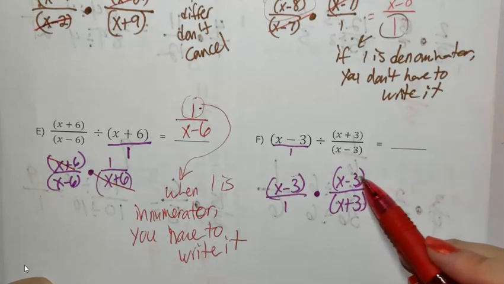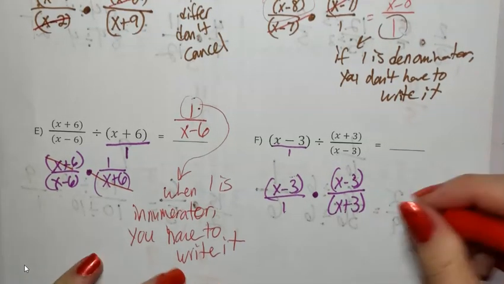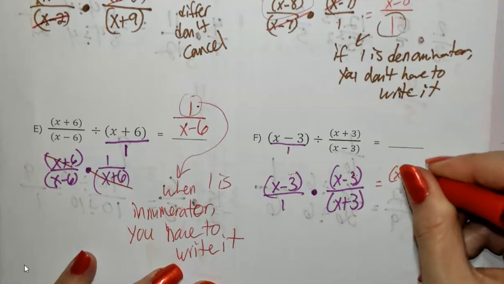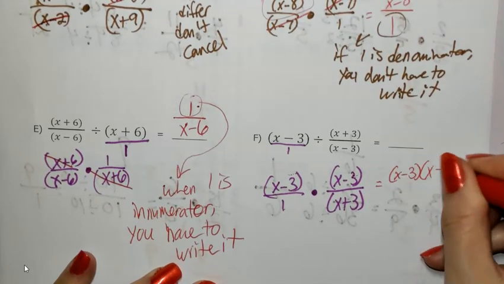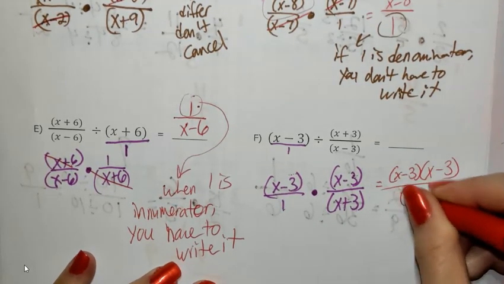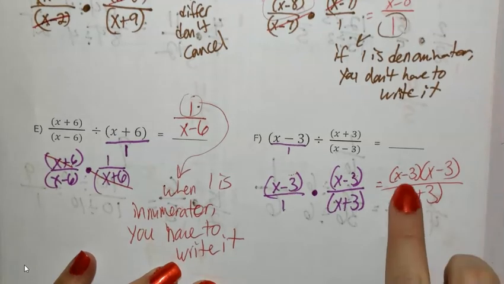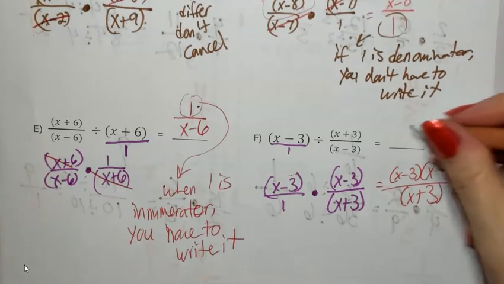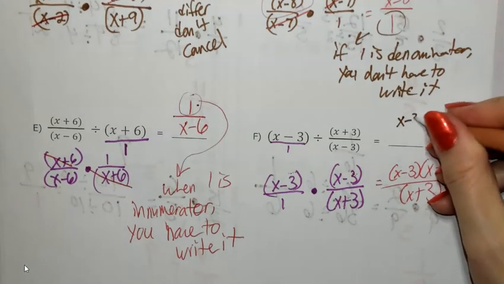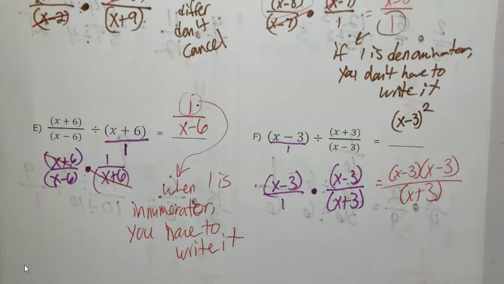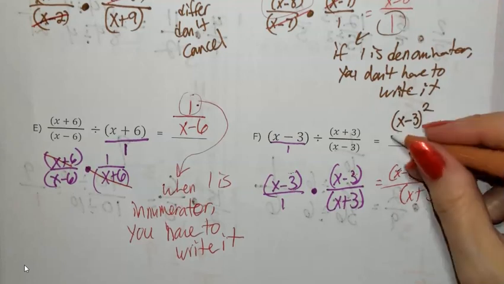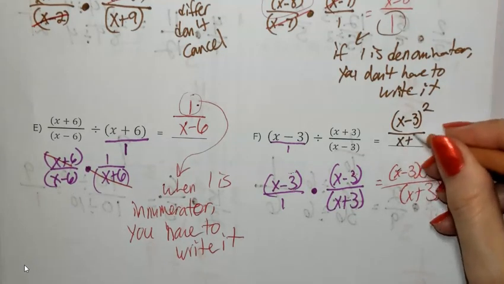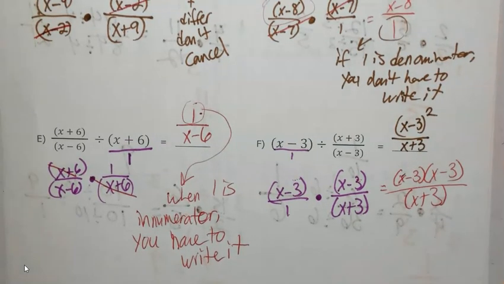How about this x minus 3? No, so you just are left with x minus 3 times x minus 3 all over 1 times x plus 3. You see that this factor is repeated twice? And in your answer, you're going to write x minus 3 to the second power because there's 2 of those factors, all over x plus 3.